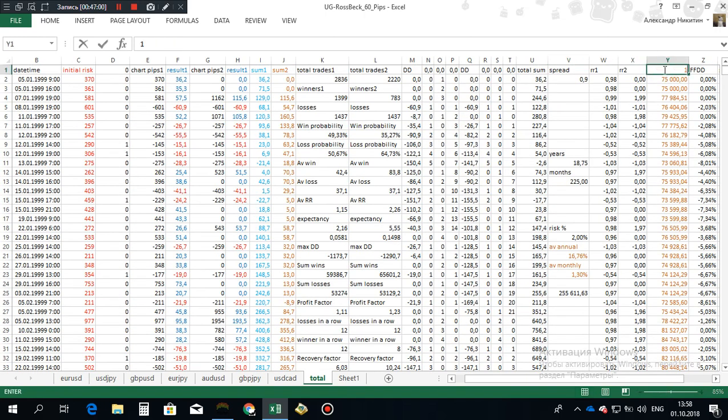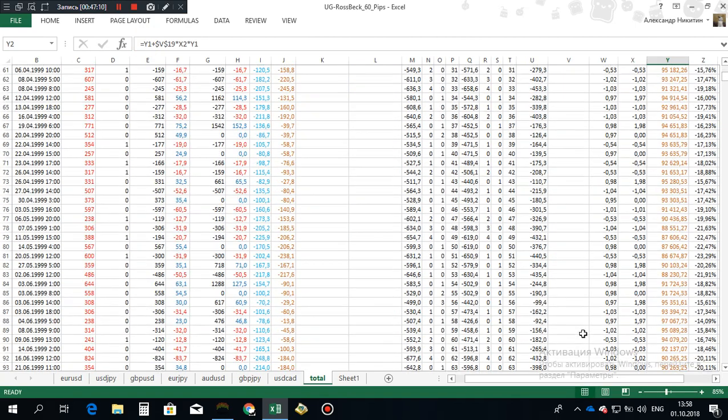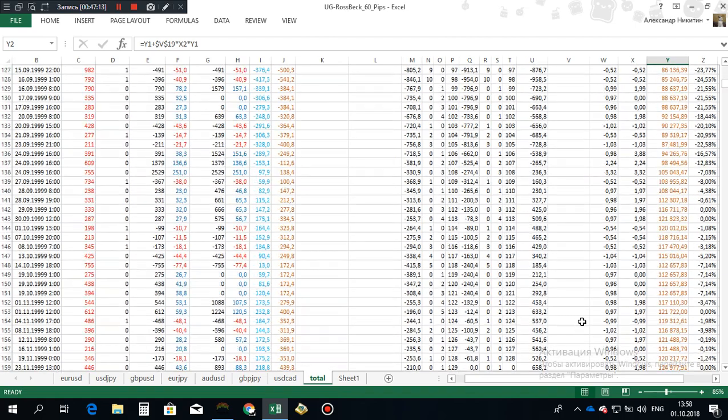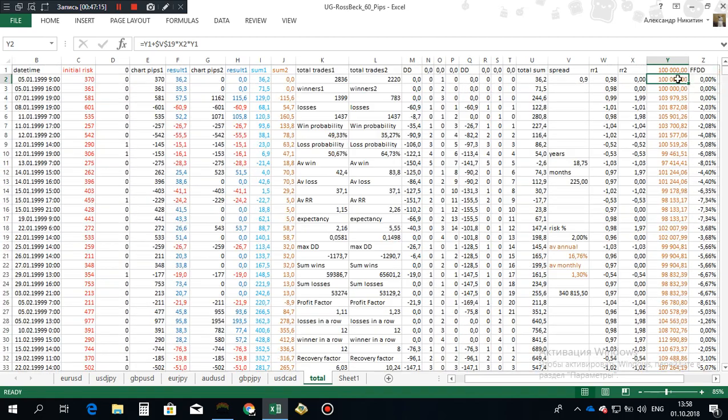I'll start 100k, not 10k, 100. Okay, because of this, if you always start 100k, you know that you have 16.76. Let us simply multiply this. Multiply your average annual return by this.